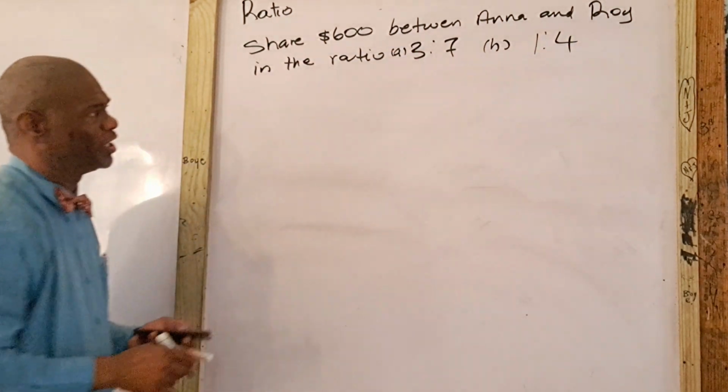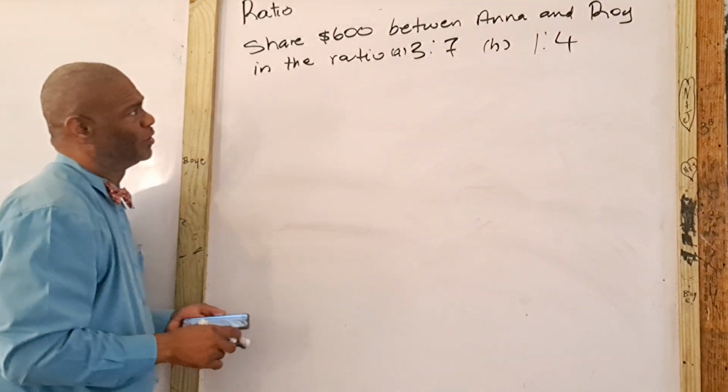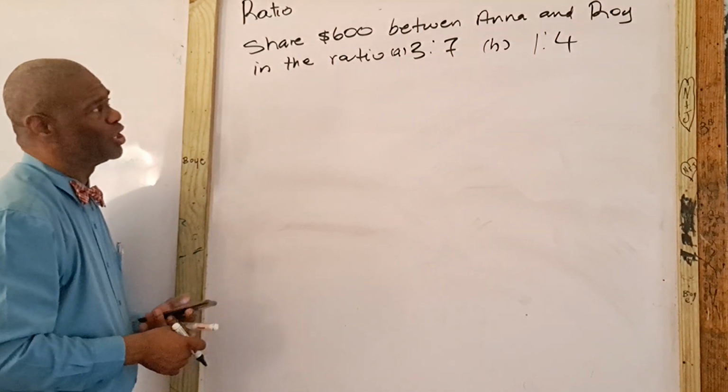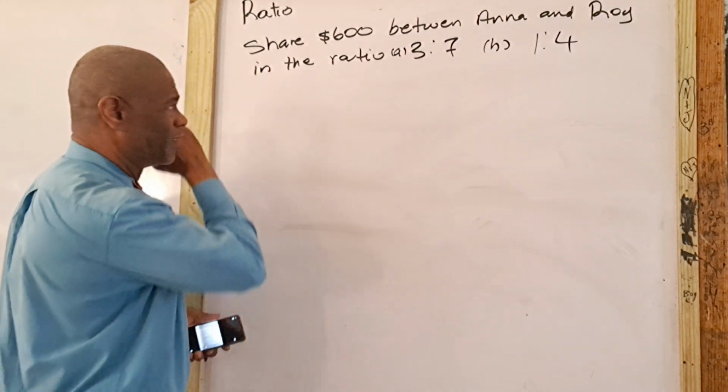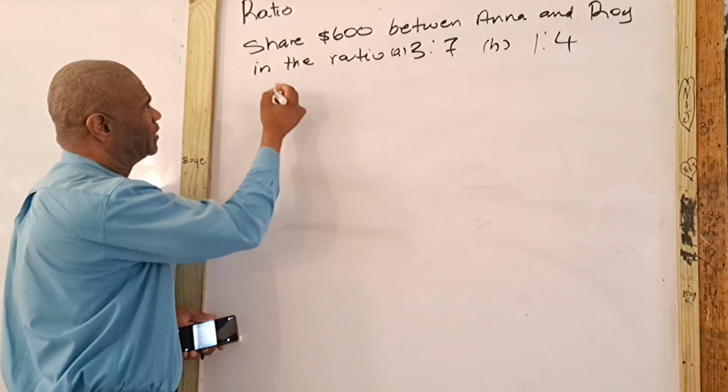Alright, so we can share it into these 2 ratios, right? So first of all, it says share $600 between Anna and Roy in the ratio 3:7. Right? So let's do that first.